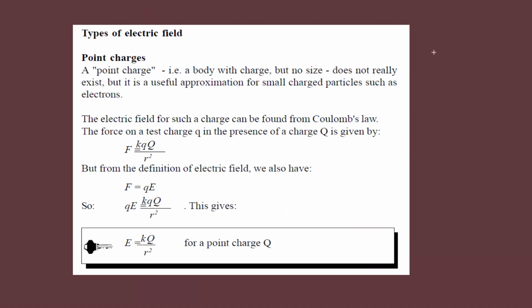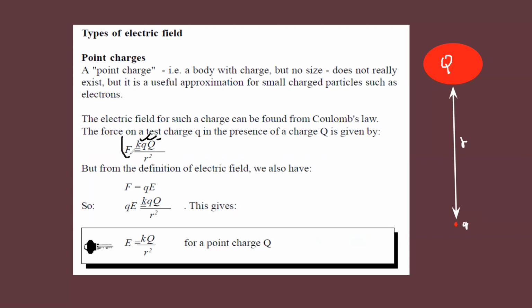If you have, for example, a large charge Q and a point or test charge small q, and the distance between them is r, then according to Coulomb's law, the force between them is equal to k times the product of the charges over the square of the distance between them.